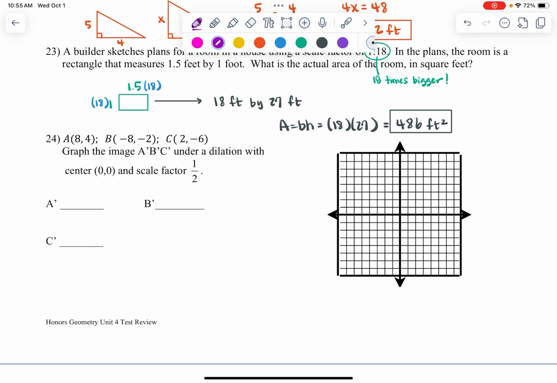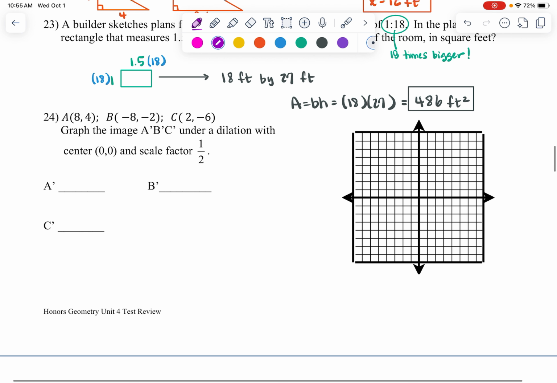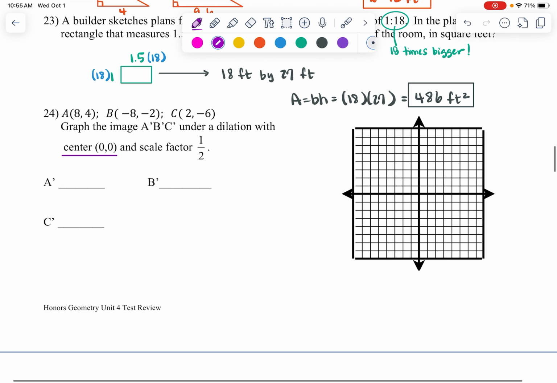All right, looks like we're getting into our transformations here. So let's see, it says we're going to graph the dilation. Now, this problem is awesome because the dilation is centered at 0, which literally means whatever the scale factor is, we can just apply the scale factor to the original points. Oh, I'm pulling it back halfway.